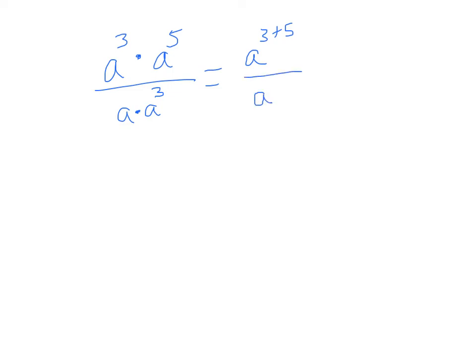Remember that this single variable has an exponent of 1, so really it's 1 plus 3 on the bottom. On the top, you've got a to the 8th over a to the 4th. And you can use the quotient of powers property to say a to the 8th minus 4. So a to the 4th is your final answer.